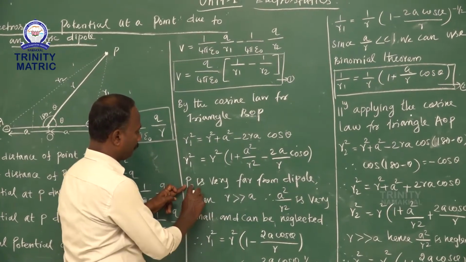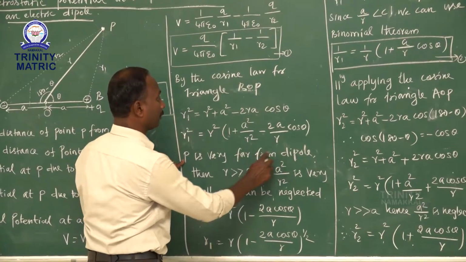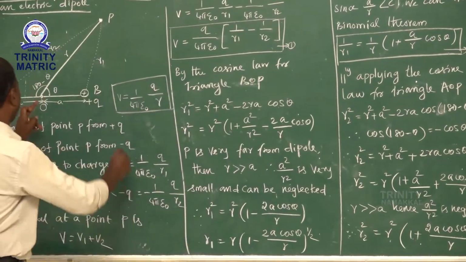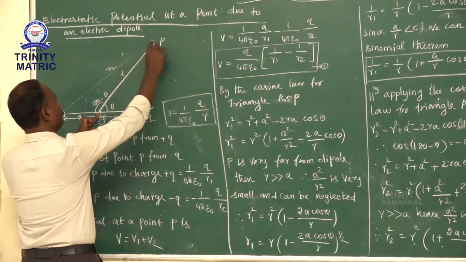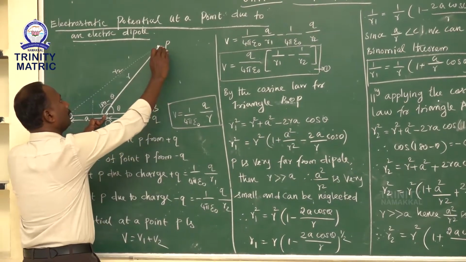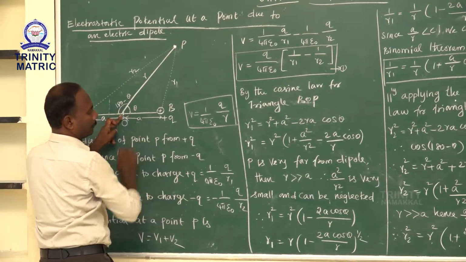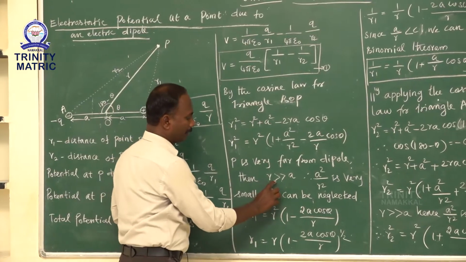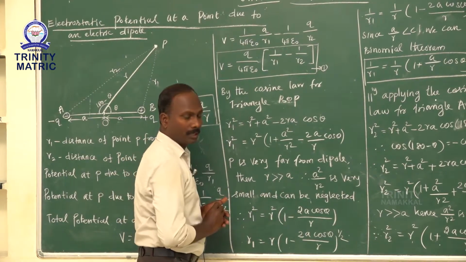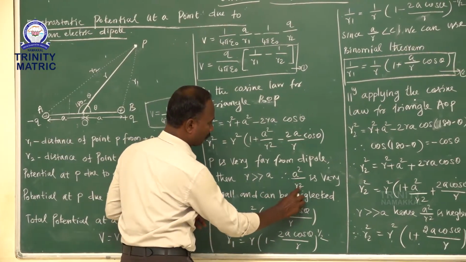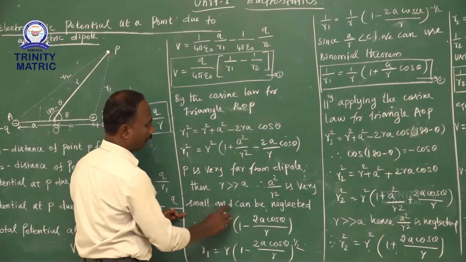Here P is very far from the dipole. The distance of P is very long compared to a. So R is greater than a, and hence a square by R square is very small and can be neglected.